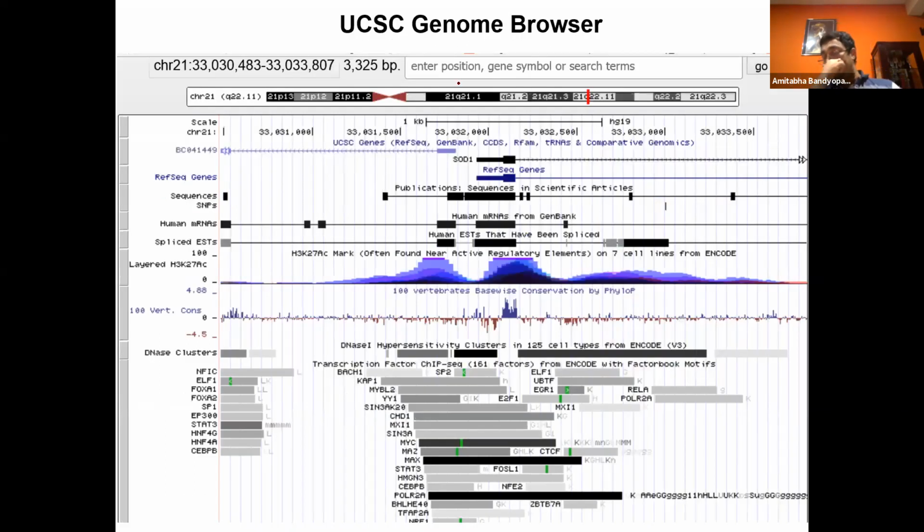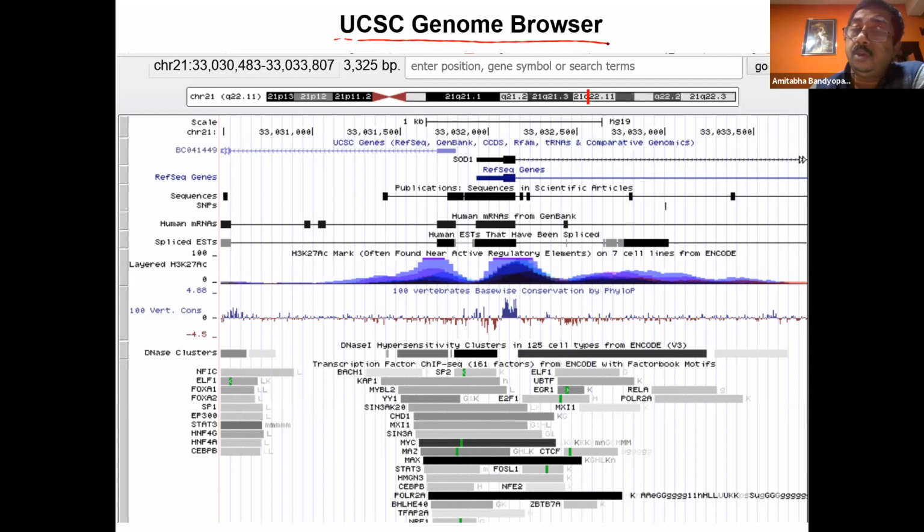And nowadays, this is being facilitated by very large-scale experiments, which are all being archived in the UCSC genome browser. UCSC, University of California, Santa Cruz, they have a server where all the data is input. So ChIP-seq data for many of the transcription factors have been done, and that are mapped onto the genome.